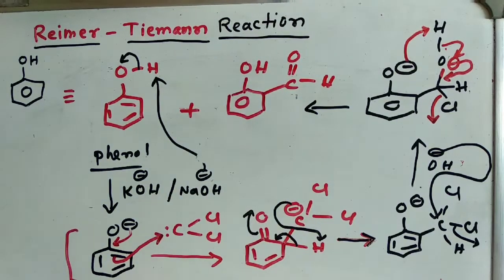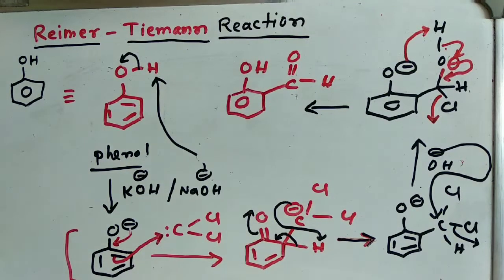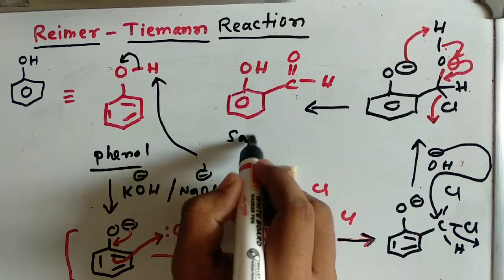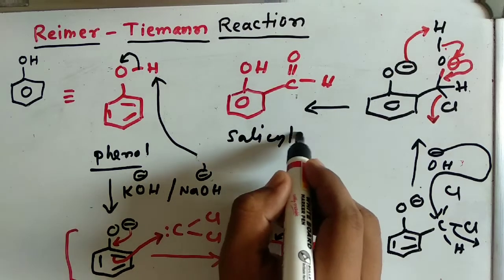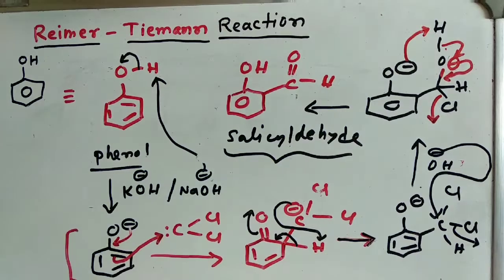This compound is called salicylaldehyde. So this is the overall reaction mechanism of this reaction. This is the whole Reimer-Tiemann reaction and the whole mechanism of how we get the product from phenol to salicylaldehyde. This is all about the basic reaction mechanism of this one.